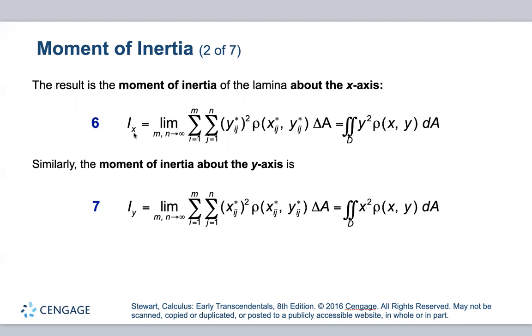So the moment of inertia about the x-axis is the double integral of y squared rho dA. Hence the name second moment, y squared. So basically the first moment is the moment about the x-axis we got before. The second moment is the moment of inertia, okay?